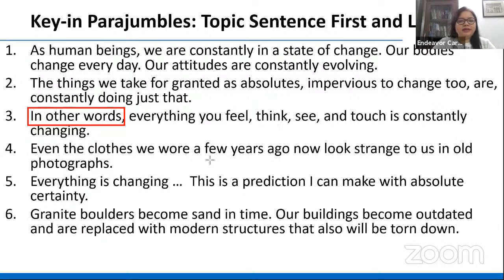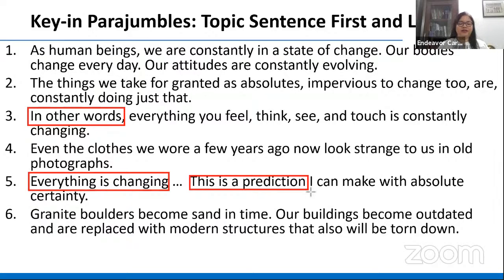Now, this sentence seems to be summarizing or giving clarity to sentence 5. Everything is changing. This is a prediction I can make with absolute certainty. Now, this is a prediction. I want to start with this idea, with sentence 5, because the author is making a prediction, and that's where he starts with his thought or idea.